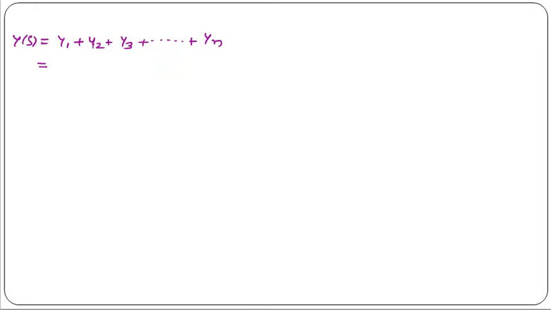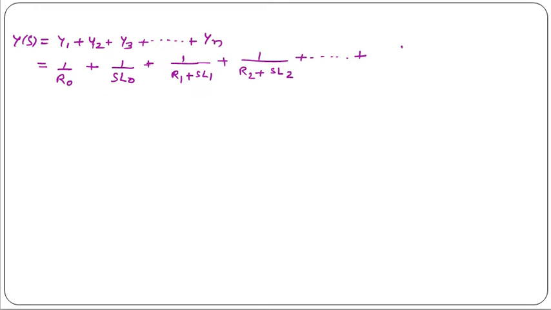First branch का जो admittance है, it will be 1 by resistance, that is 1 by R0, then we have 1 by sL0, then we have series combination of R and L, this will be equal to 1 by (R1 plus sL1) plus 1 by (R2 plus sL2) plus so on up to 1 by (Rn plus sLn).